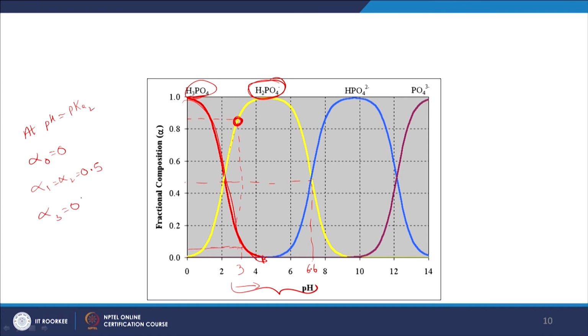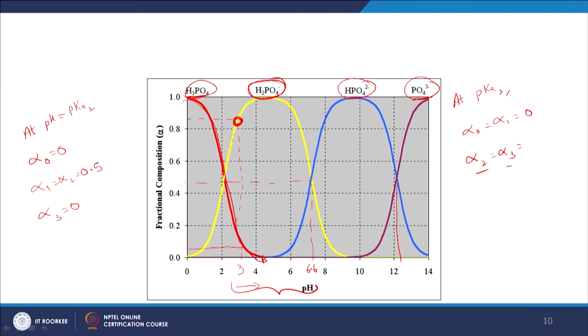In the same case, as we move further to the pKa3, what do we see? It is only going to be present as HPO4 2- and PO4 3-. So alpha 0 equal to alpha 1 equal to 0, and the concentrations of HPO4 2- and PO4 3- are going to be the same.